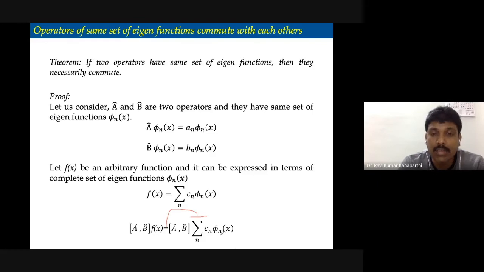But I definitely cannot move phi n of x to this side. Why? Because these are operators, and operators have an effect on the functions. I cannot do that for phi n, but I can do it for these two things.